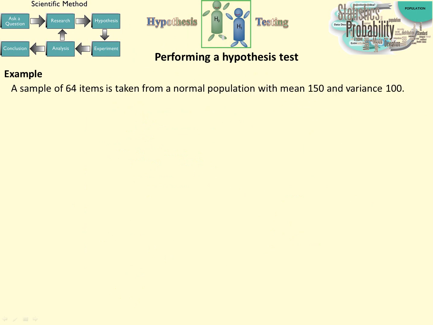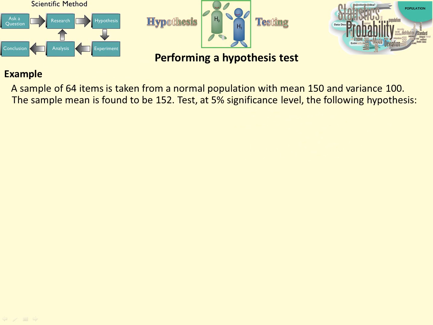Let's look at an example. A sample of 64 items taken from a normal population, which means normally distributed, with mean 150 and variance 100. Now the sample mean is found to be 152, so now we're looking at the sample. Test at 5% significance level the following hypothesis.